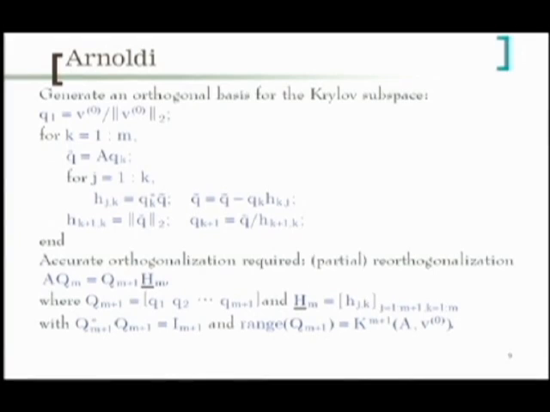Now one thing that is different is that for linear systems, this orthogonalization doesn't need to be particularly accurate. So standard modified Gram-Schmidt is fine. But for eigenvalue calculations, it needs to be very accurate. So people either do this process twice, or they check the size of this norm, and if it's too small, what happens is you start with a unit vector, you orthogonalize everything else, and there's only a tiny vector left.